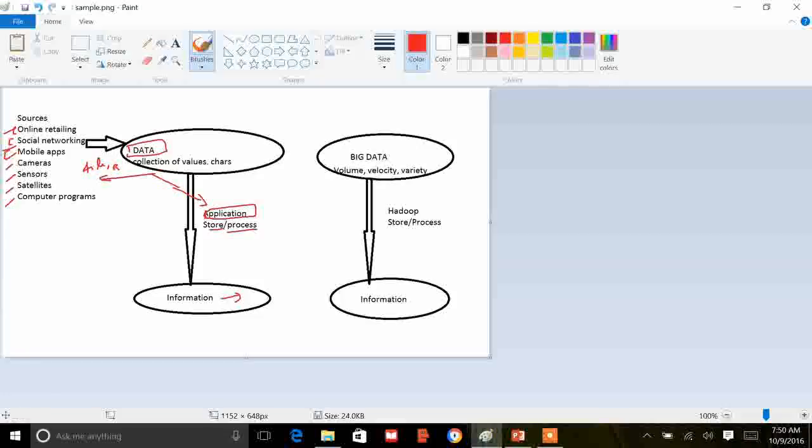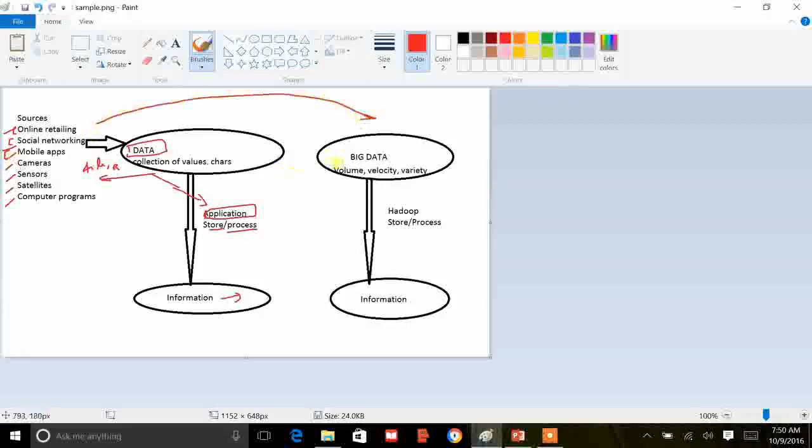But now we have added new types of sources, and these sources are generating data with different dynamics. I will talk about the dynamics in a little bit.